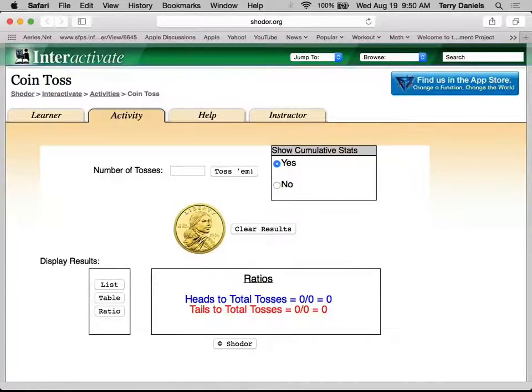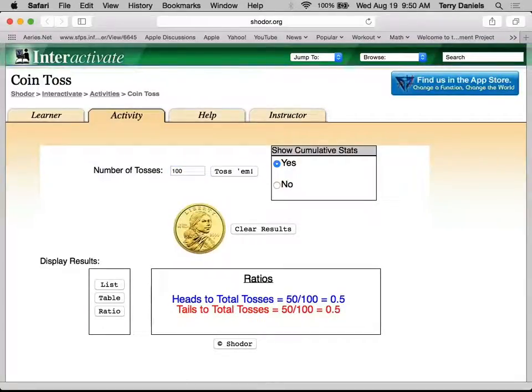Maybe I want a ratio. Yeah, there we go. So we're going to toss 100 times, and then from that 100 tosses, you're going to fill in the information in the table. As you can see from your table, you're going to write the experimental probability, then write it as a decimal, then as a percent, and then write what the theoretical probability should be for that. All right, here we go.